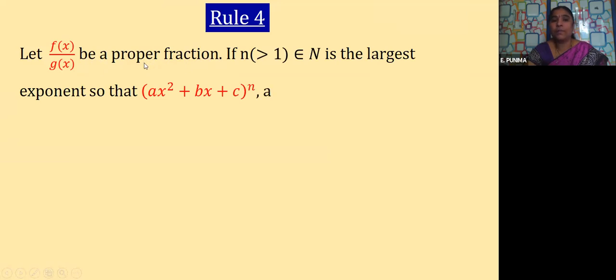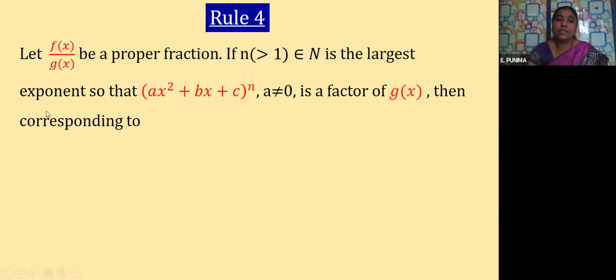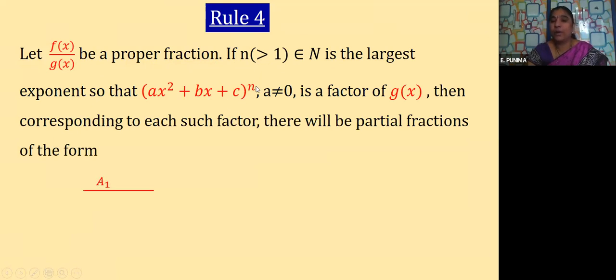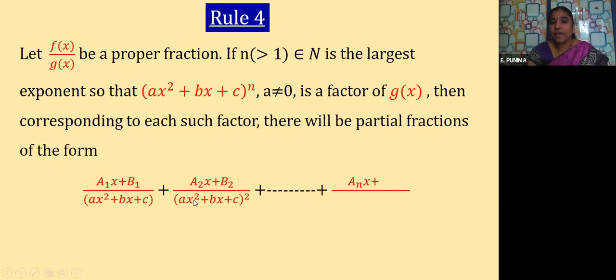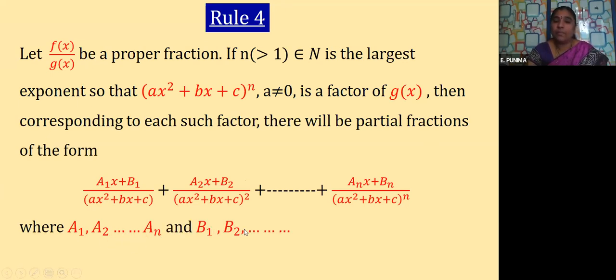If n is the largest exponent, and here the condition is n should be greater than 1, such that ax square plus bx plus c whole to the power of n is a factor of g of x, then corresponding to each such factor there will be partial fractions of the form a1x plus b1 by ax square plus bx plus c, plus a2x plus b2 by ax square plus bx plus c whole square, plus so on, anx plus bn by ax square plus bx plus c whole to the power of n, where a1, a2, so on an and b1, b2, so on bn are the constants to be determined.